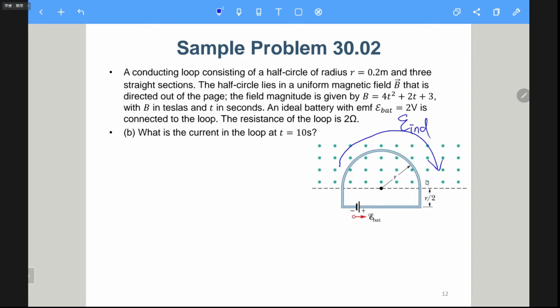It is not so accurate, but you can regard E induced as something like that, although this E induced is distributed over the whole loop.